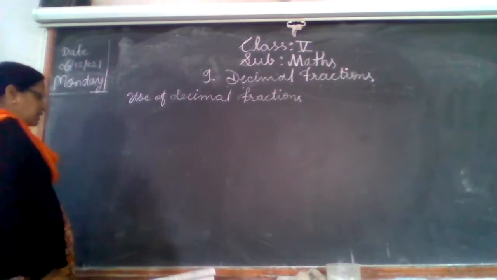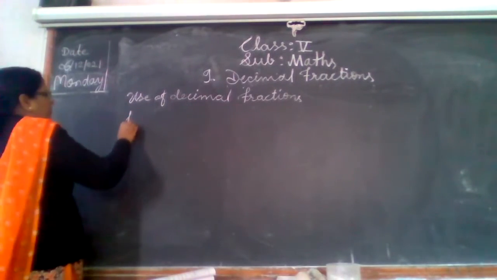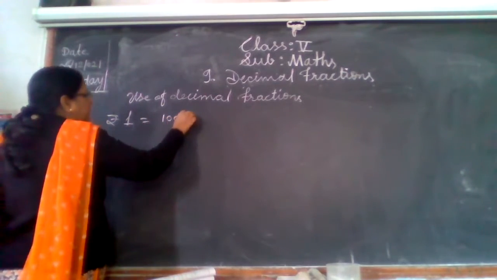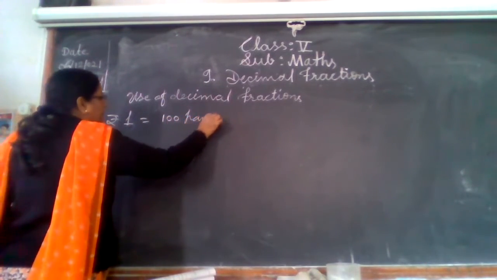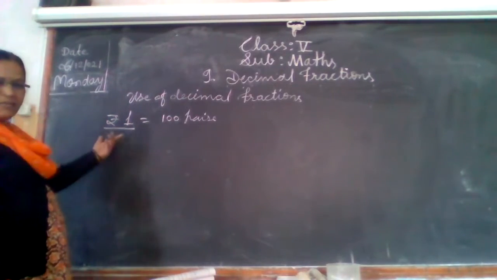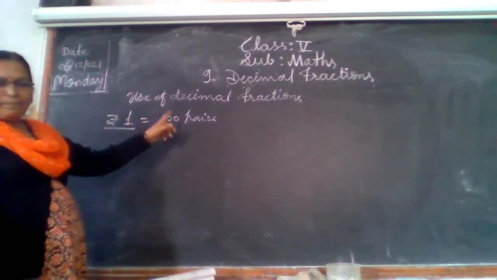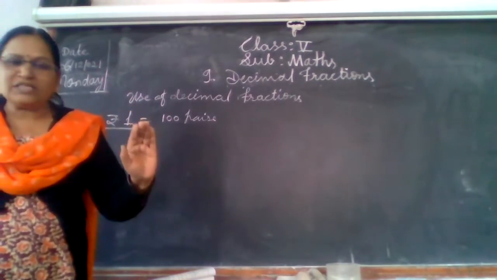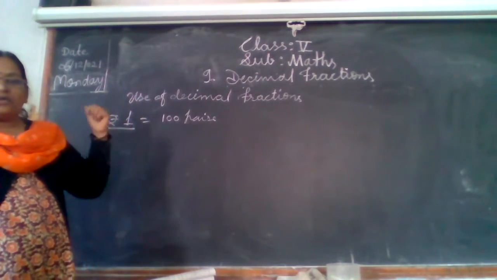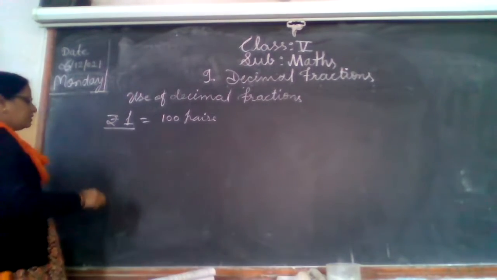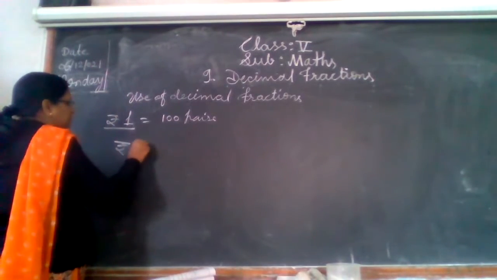And we all know that rupees 1 means 100 paise. So rupees is the greater unit and paise is the smaller unit, so whole number and the fraction.